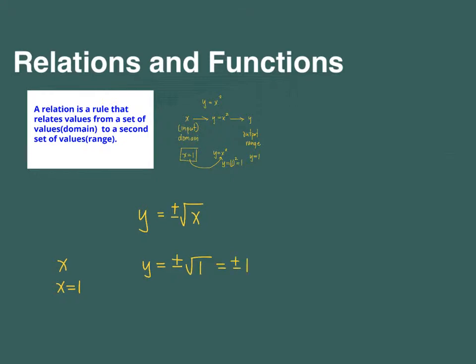As we can see in this example, the output could be y is equal to 1 or y is equal to negative 1. If we compare that to the first example, take note that if we input a single value of x to the rule, we are expecting just a single value in the y. Later on, we will be differentiating these two types of relations.